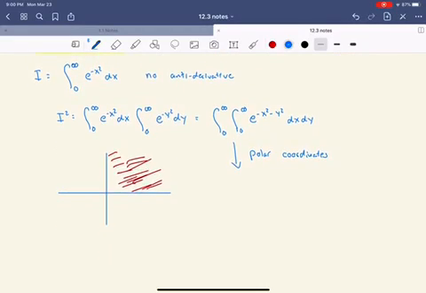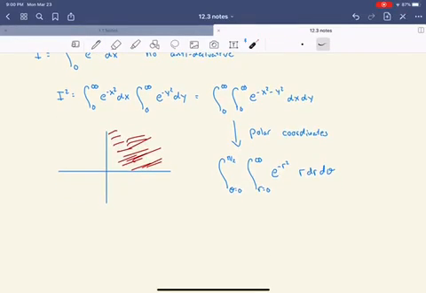So if we go into polar coordinates, we're going to have the integral theta goes from 0 to pi over 2, r goes from 0 to infinity, e to the negative r squared. But now dx dy is r dr d theta. Okay, so that extra r is going to help us out a lot.